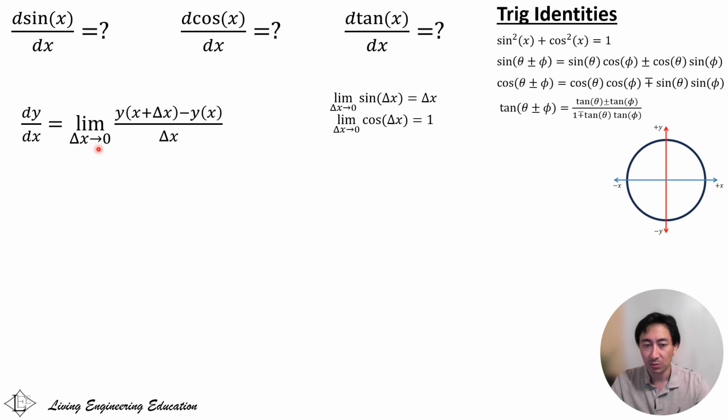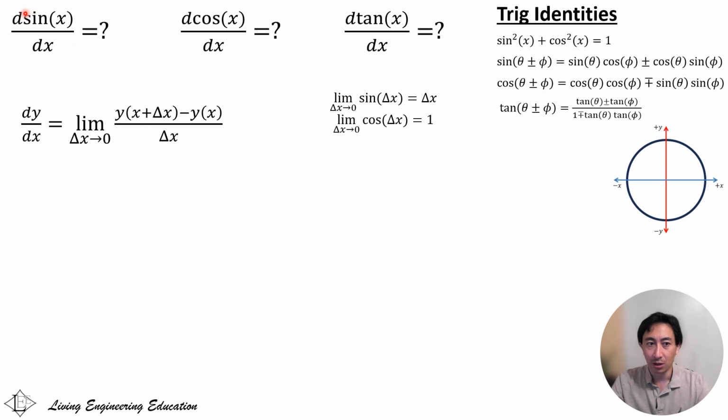So it's a very small step size. And then I can just do the rise over run definition. So y, or the function, at some x plus delta x, minus y, or the function, at some x location. So we take two y values at different x locations, one at x plus delta x, one at x, and we divide that by the step size delta x.